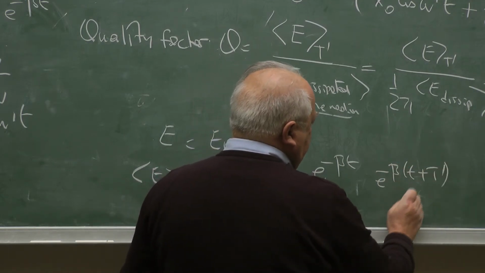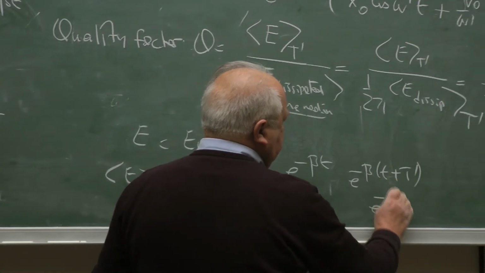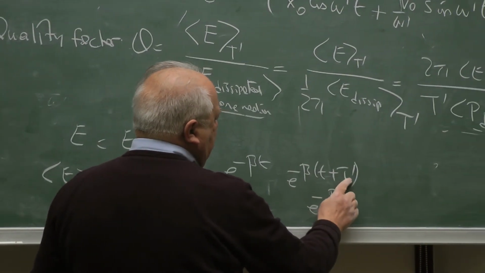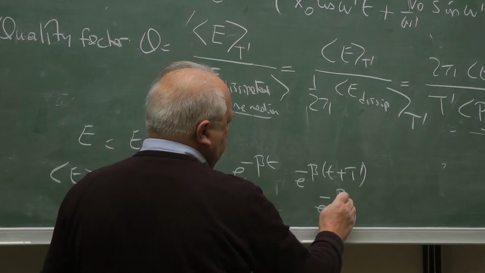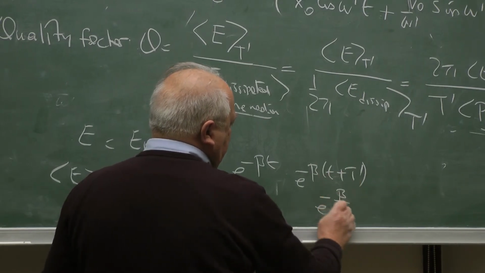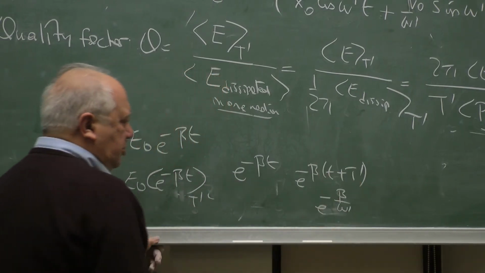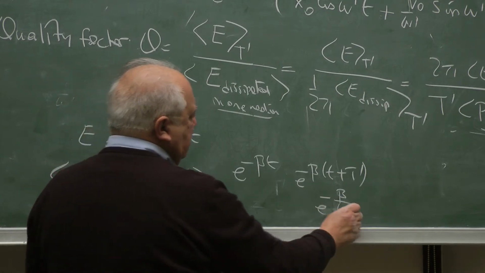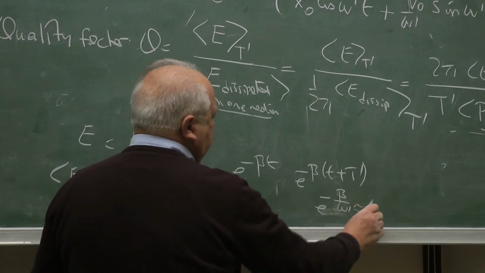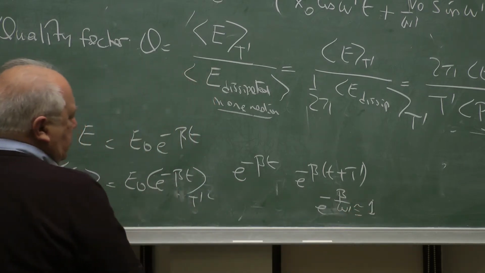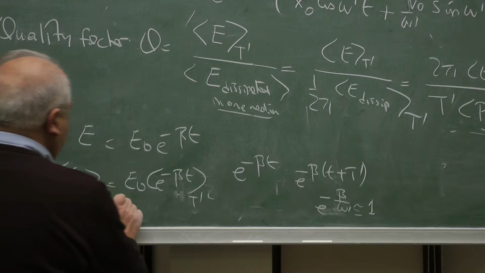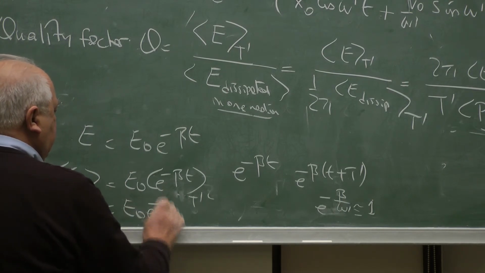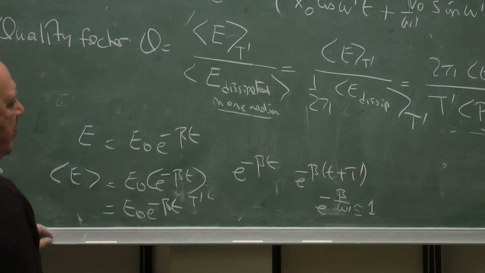And this factor, e to the minus beta t prime, is proportional to 1 over omega prime, forgetting about the factor of 2 pi, and beta over omega prime is like 0. So this factor is approximately 1. So we can take this to be a constant. So it's again our old e to the minus beta t.